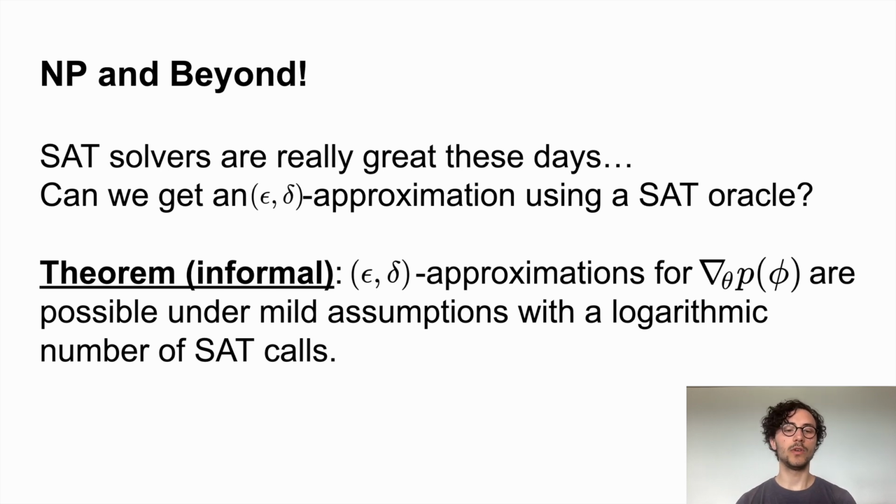Well, one thing you can do is rely on SAT solvers. Even if a problem is NP-hard, these days it might still be reasonably feasible to do, because SAT solvers, which solve an NP-hard problem, have become quite good in recent decades. And so in the paper, we prove that getting an epsilon-delta approximation for the gradient is possible under some mild assumptions when you do a logarithmic number of calls to some SAT oracle.